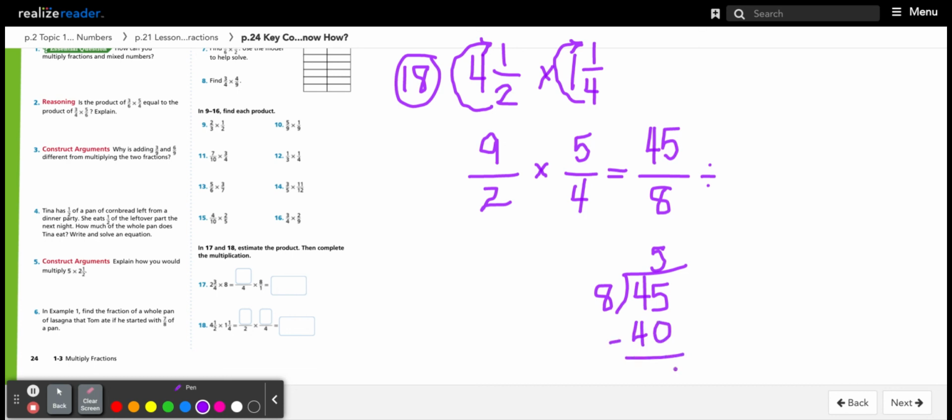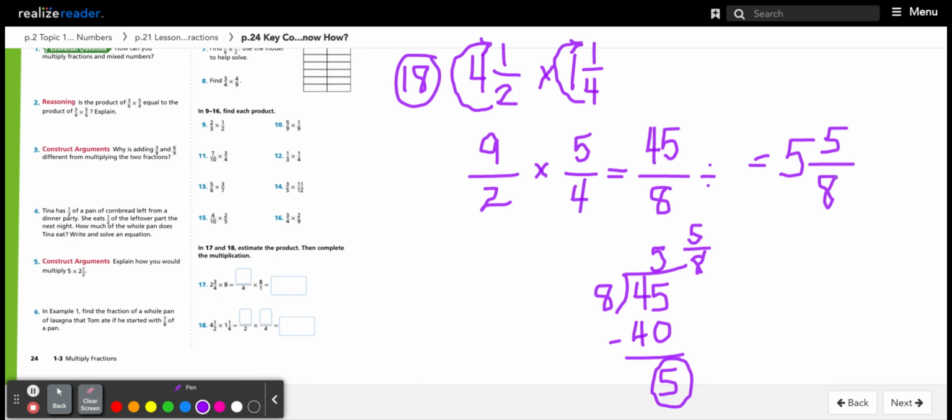And how many are left over? 5. So I take my remainder of 5. That becomes my numerator. What I was dividing by, my divisor, is my denominator. So 8 goes into 45 5 times, with 5/8 left over.